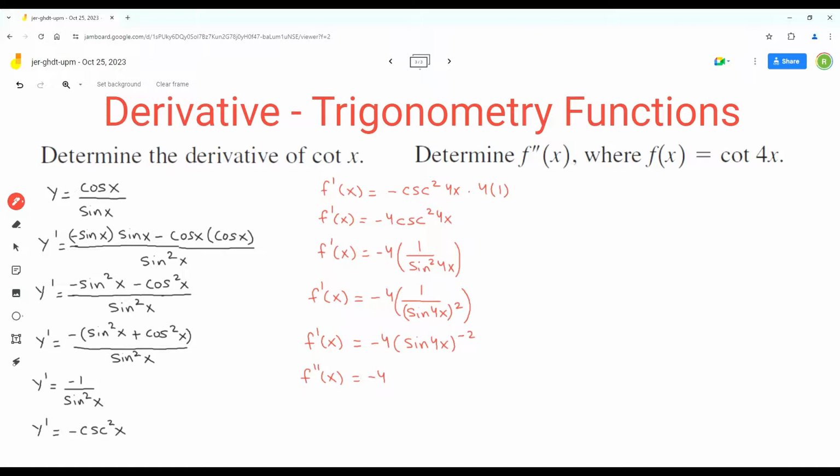So we'll move the exponent negative 2 to the front. And we'll subtract 1 from negative 2 times the derivative of the inner function, and the inner function is sine 4x. Now since it's a composite function, we'll have to find the derivative by using chain rule again in the next step. So in this step, we'll just show that we have to do the prime of sine 4x.